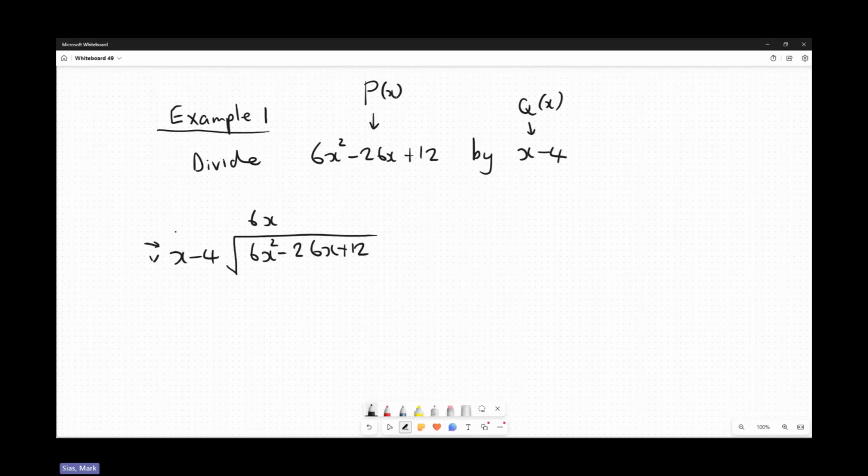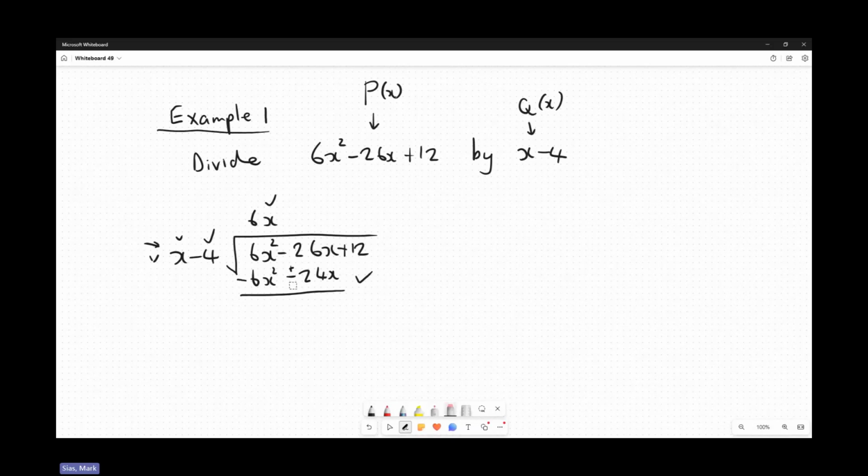And then what we do, and it's an algorithm, it repeats itself, is this one on top, we multiply by x and we multiply by -4. So we'll say 6x times x is 6x squared, and 6x multiplied by -4 is -24x. And then we subtract the bottom part. Subtraction means the signs will change: this minus will become a plus, and this plus will become a minus, and then we add them, okay?